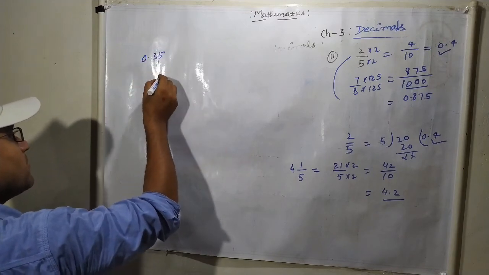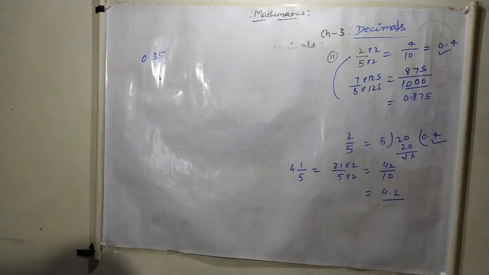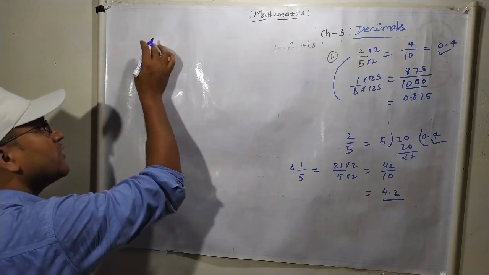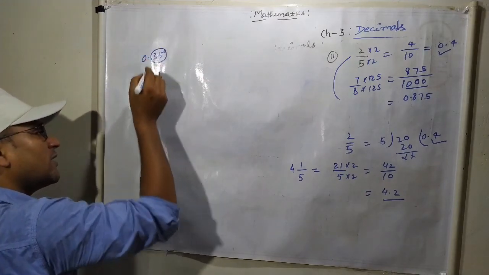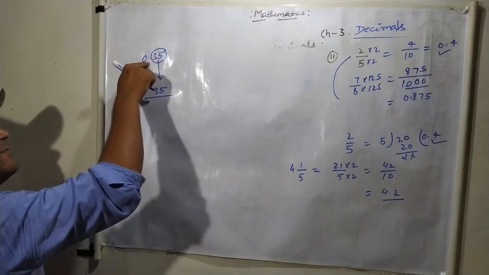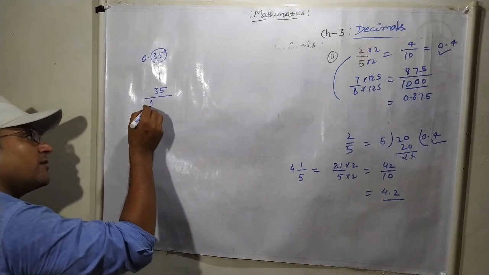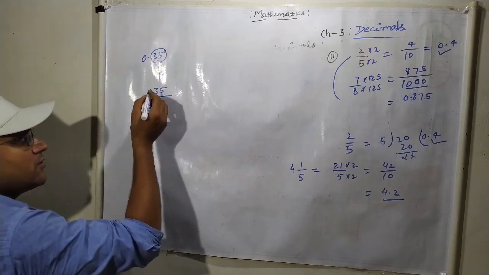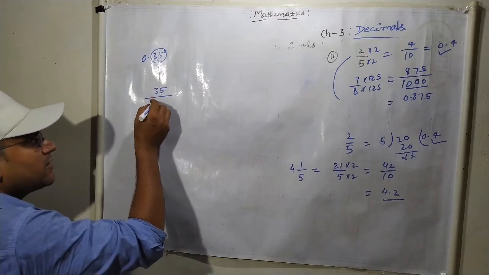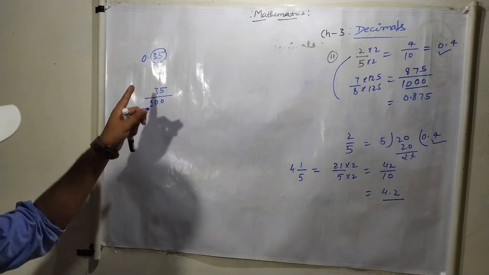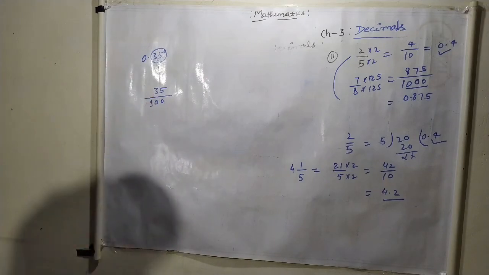This is a decimal number. How will you change it into a fraction? You write this number only in the numerator, 35 upon 1 for the decimal point. And after the decimal, how many numbers are there? There are 2 numbers, so you write two 0s in your denominator. So your fraction is 35 upon 100.